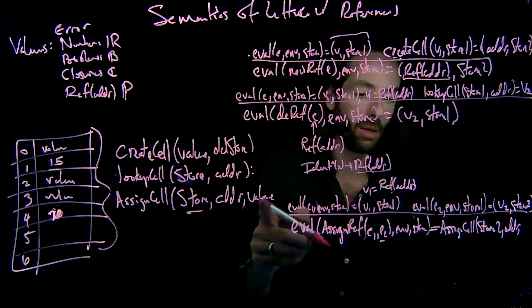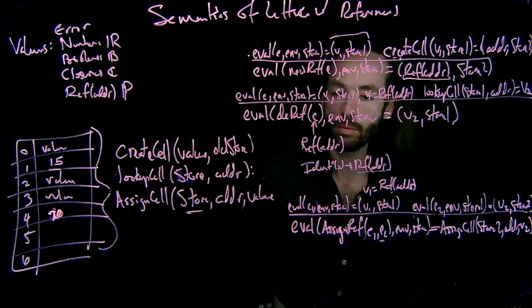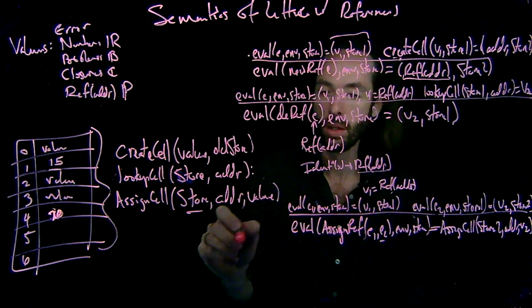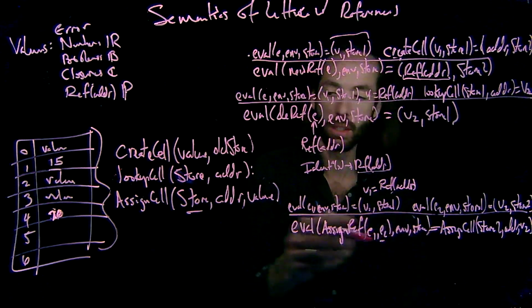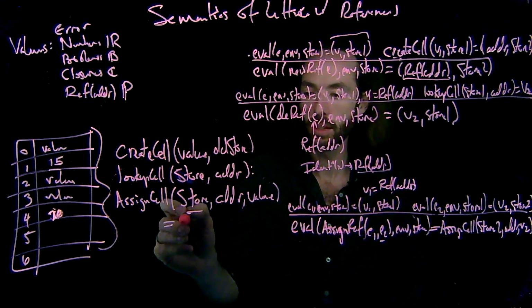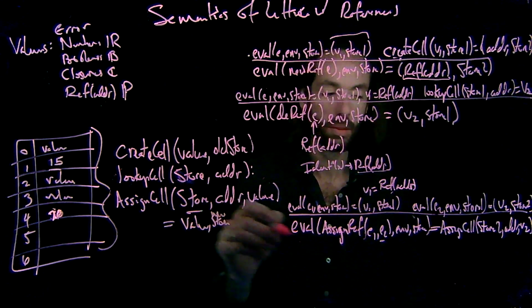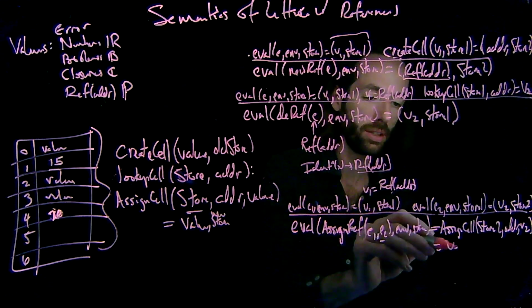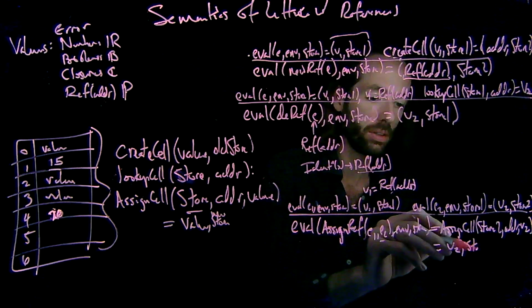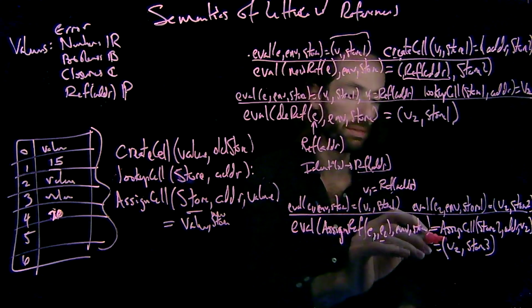And then the value that I want to assign there, which is v2. And what does assign cell return? It should return a value and the new store. So this will turn into v2 and then store3. Sorry, yeah, that's correct.